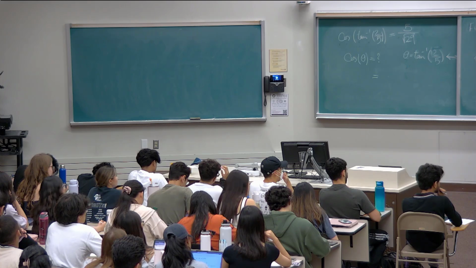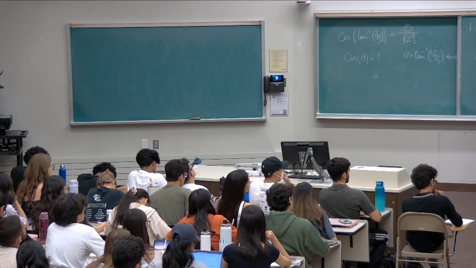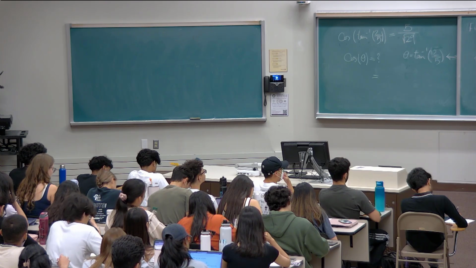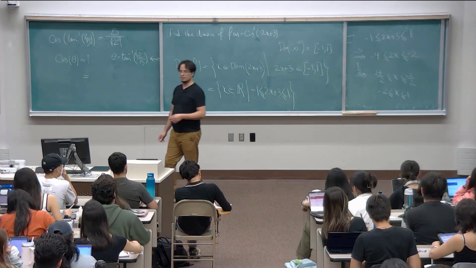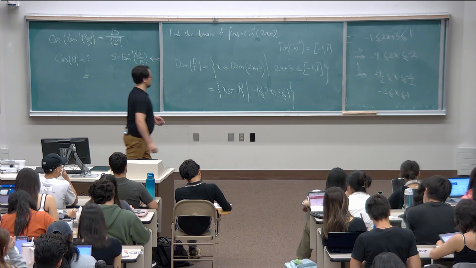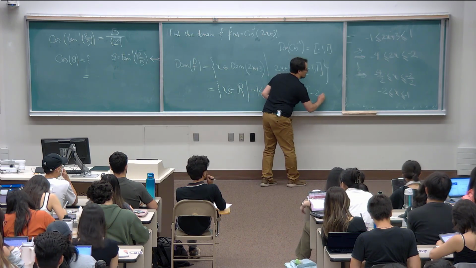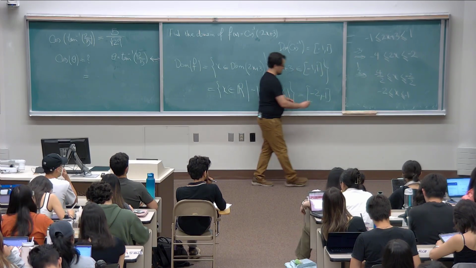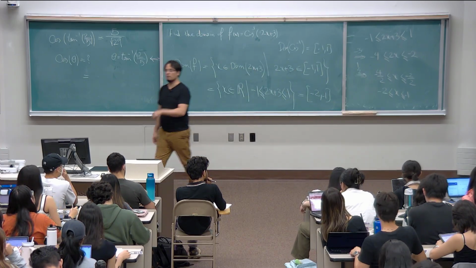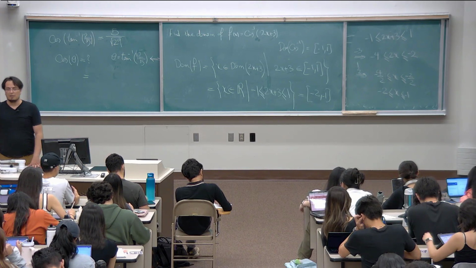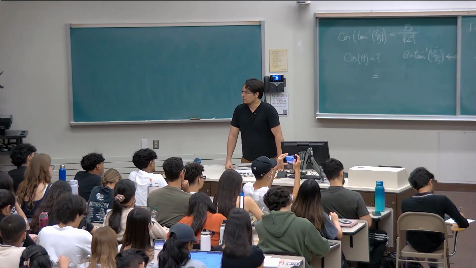In other words, x must be between -2 and -1. Okay? So that new restriction solves all the inequalities and gives all the possible values that we are interested in for this function.